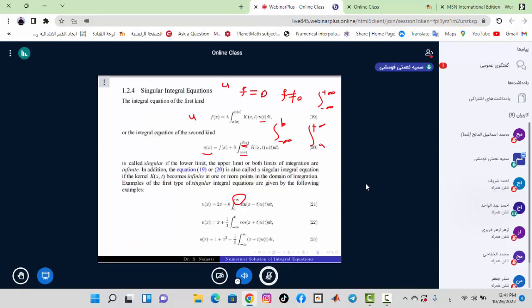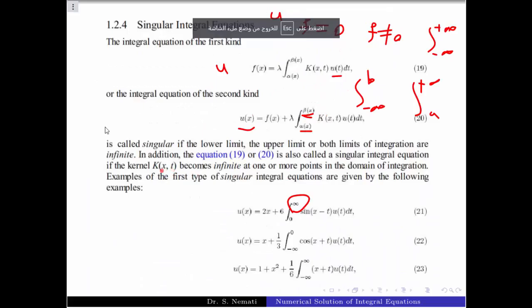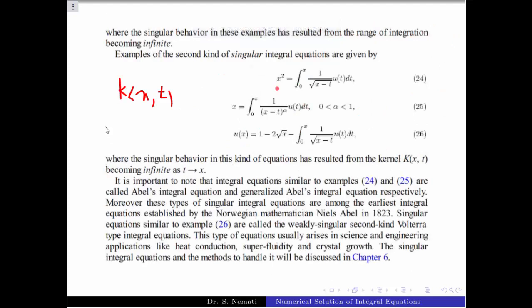Let me read the explanation here. In this case, the kernel k of x t becomes infinite at one or more points in the domain of integration. So in this way, we can recognize whether an integral equation is singular or not. For example, you can see some different examples here.